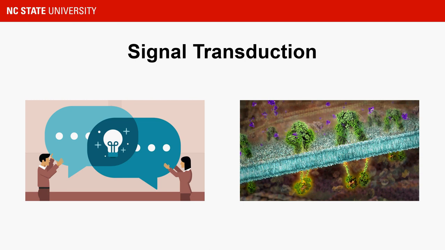Similarly to humans, we need to communicate with each other. We need to respond to our environment, and cells also need to respond to their environment as well as communicate with each other.